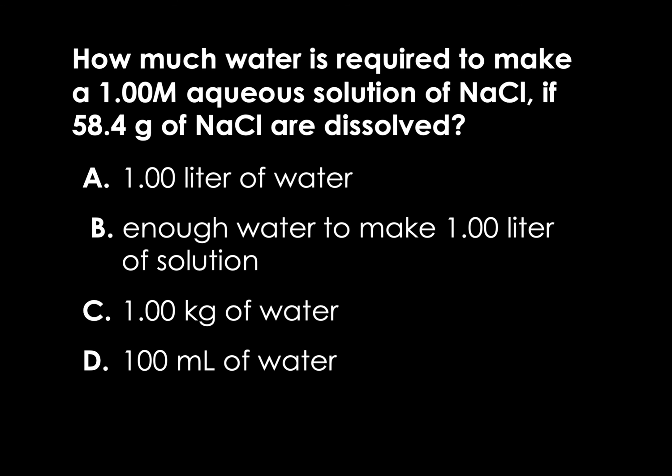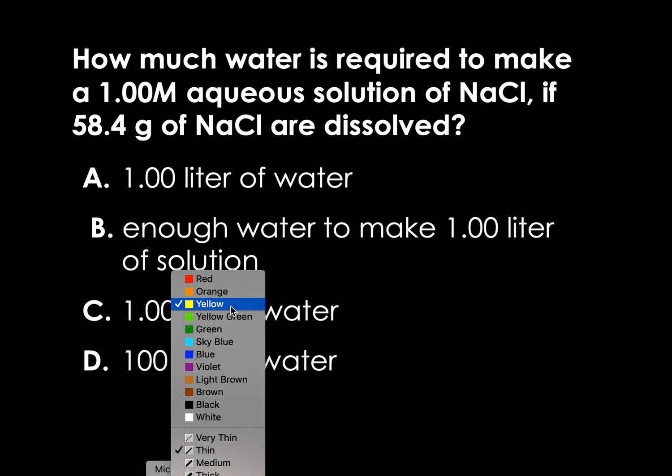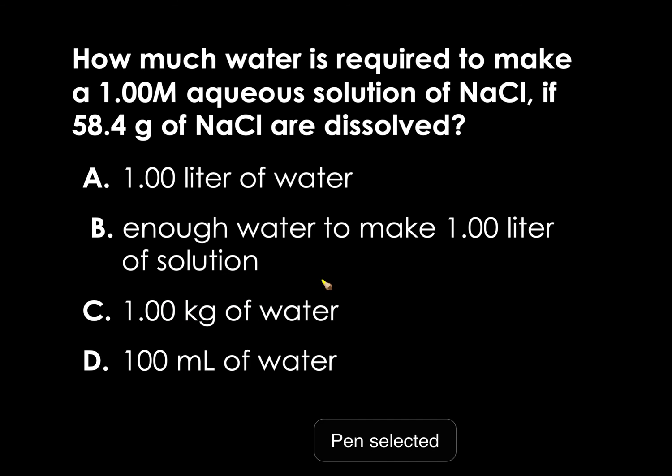Okay, so we'll cross off a few things right away here. It's definitely not going to be 1 liter of water, so you can cross that off. It's not going to be 100 milliliters of water. It's not going to be 1 kilogram of water.